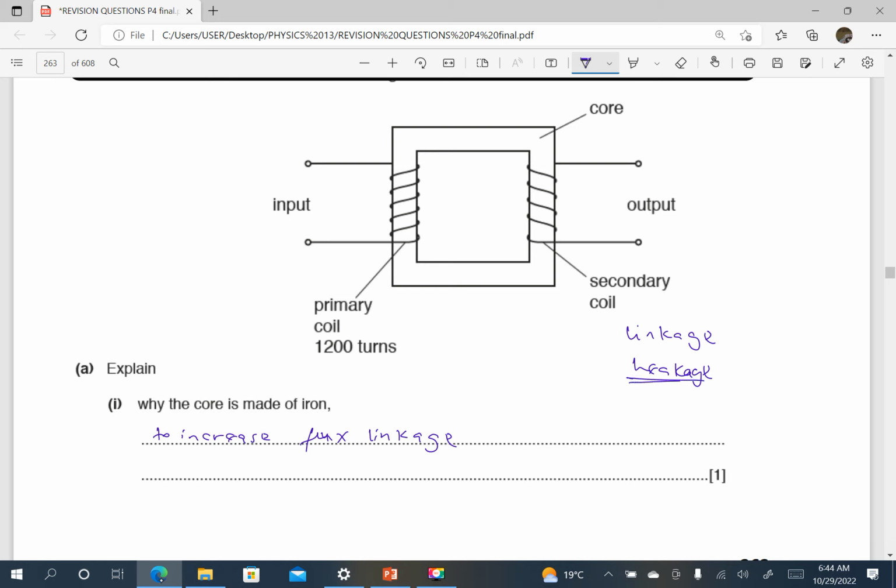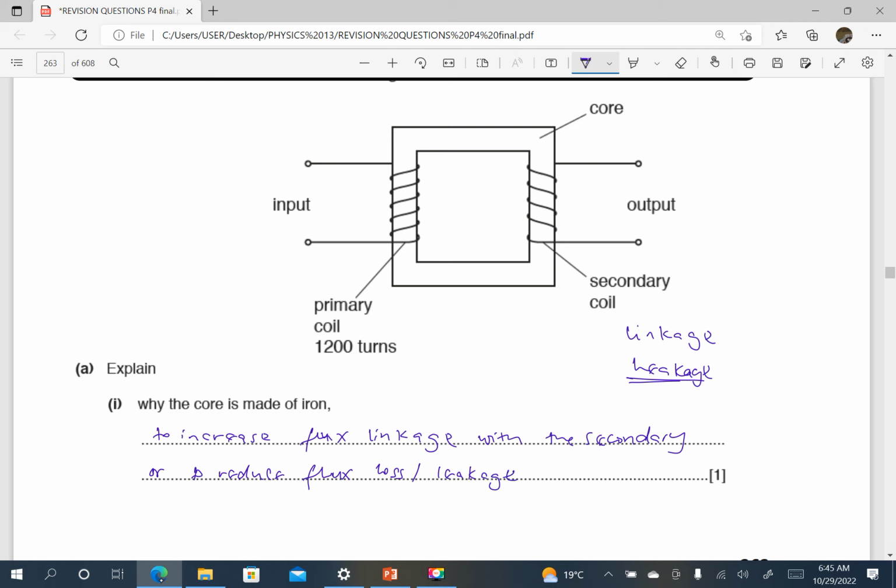Now I can say increase flux linkage or reduce flux leakage. So to increase flux linkage with the secondary coil, or to reduce flux loss, or call this one now leakage.